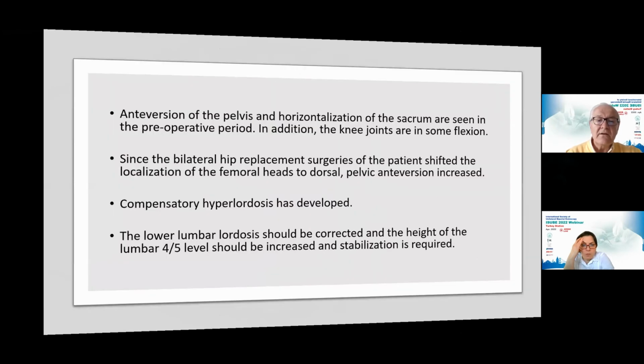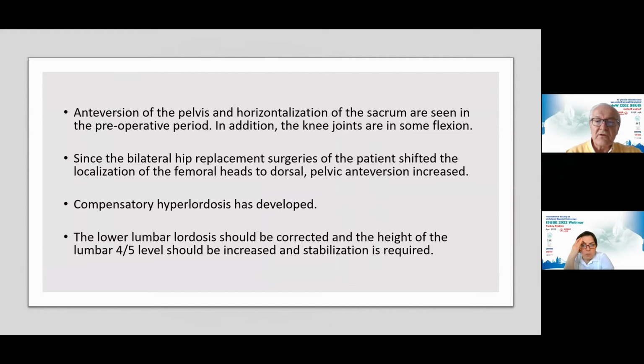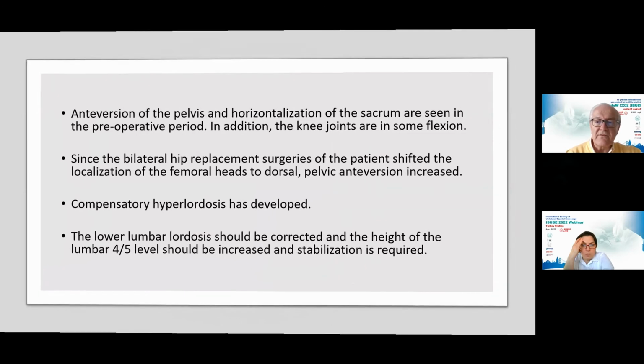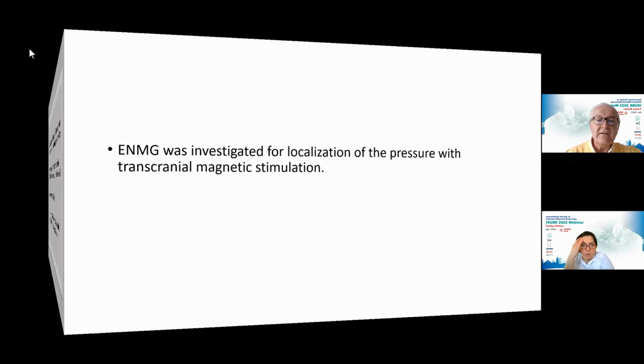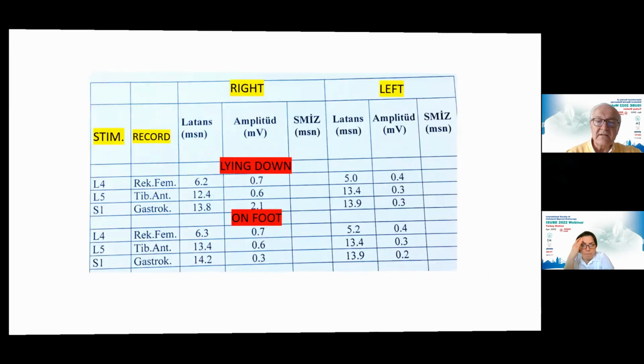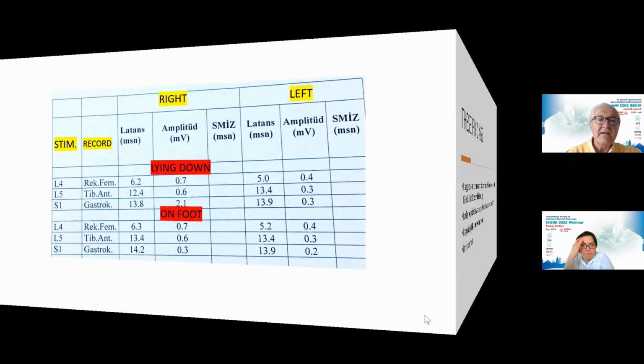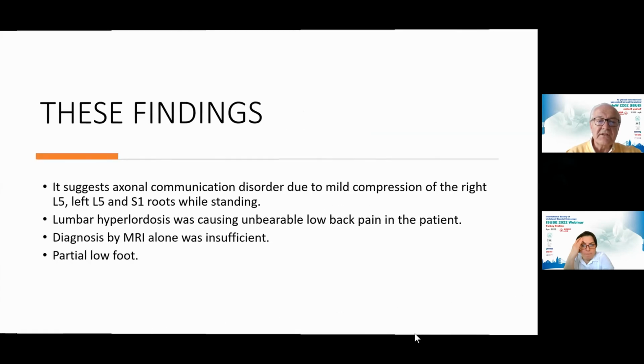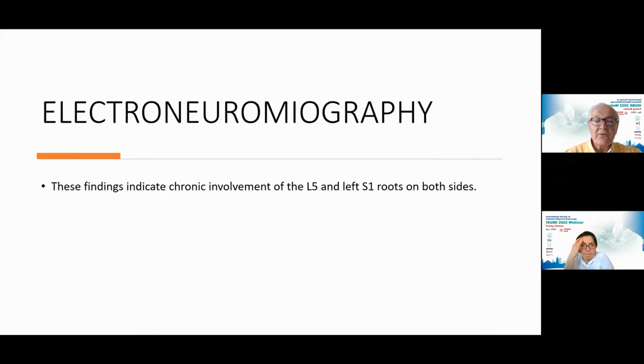And let's go here, very quickly. And yes, these are the results of the transcranial investigation. These findings indicate the chronic involvement of the L5 and S1 roots on both sides.